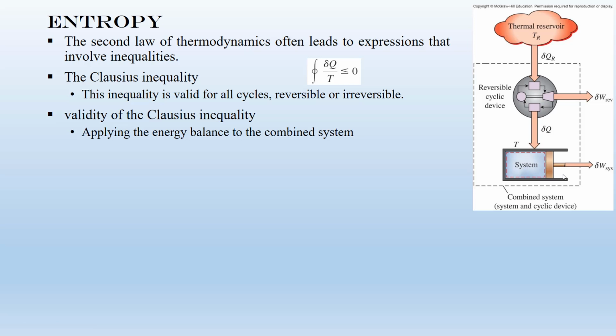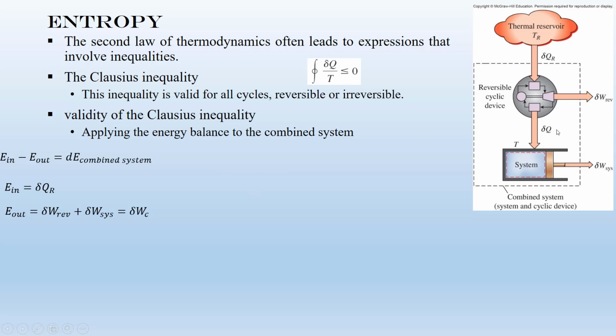If you write the first thermodynamic law for this control volume, we can write E in minus E out equals dE for the system. What is the E into this system? The E into this system is delta QR. What is the E out from this control volume? It is the delta W reversible and delta W for the system.